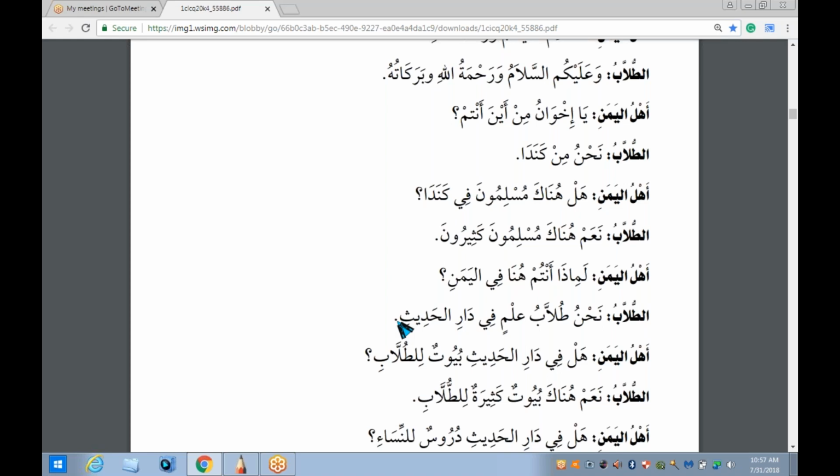There's no you. هل في دار الحديث بيوت للطلاب؟ And are there in the school of hadith houses for the students? Are there houses for students in the school of hadith? That's where it's literally written.